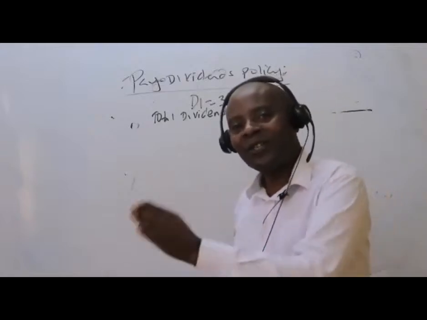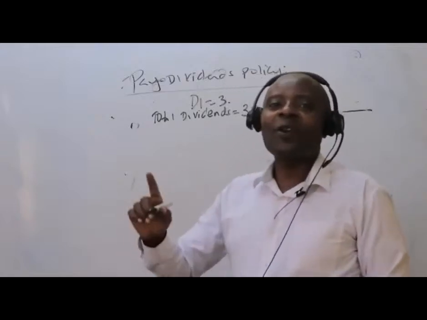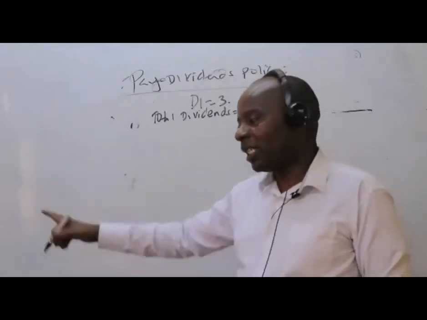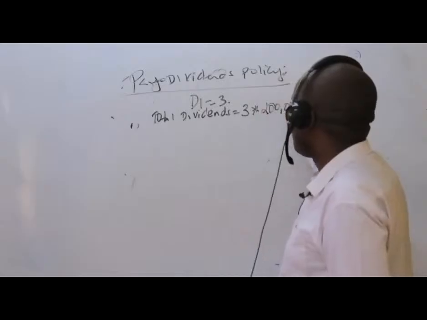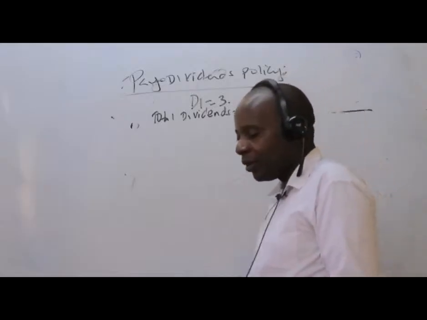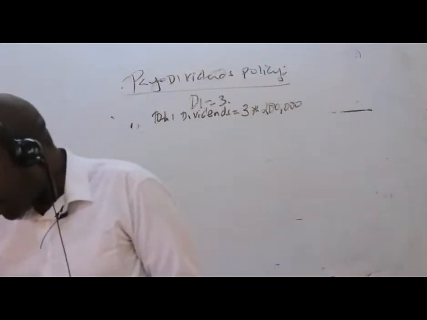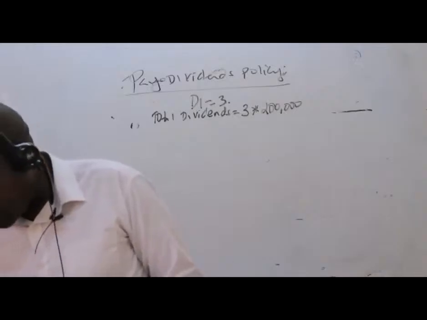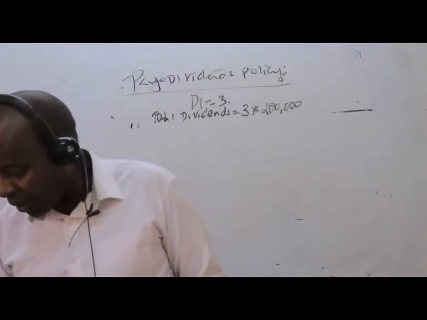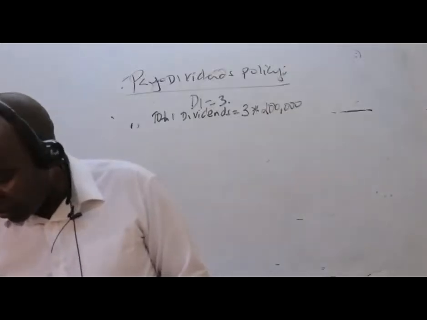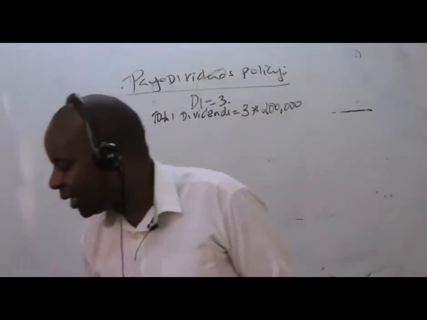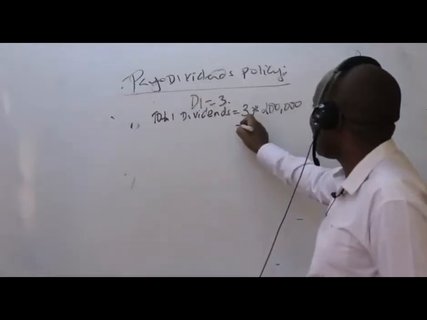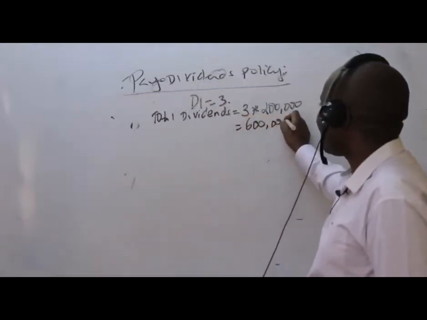New shares to be issued at the end of this year can only qualify for next year's dividends. So this will be 3 times the old shares, which were 200,000. How much are you getting there? What you're getting here is 600,000, right?